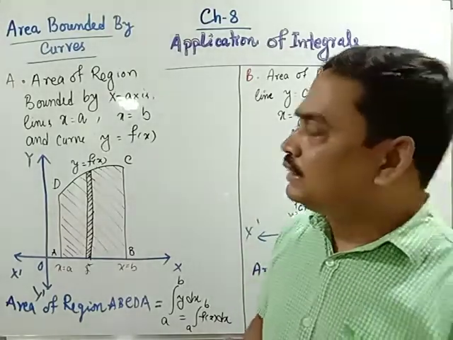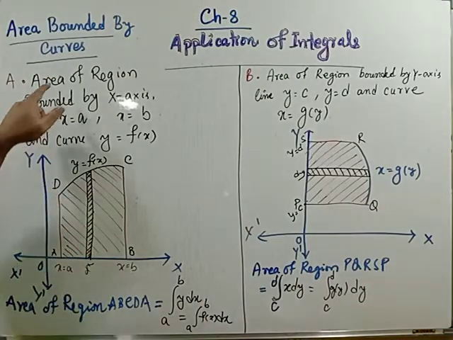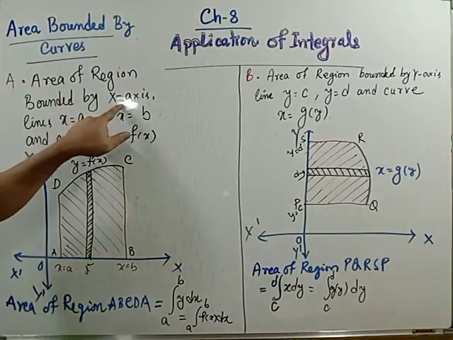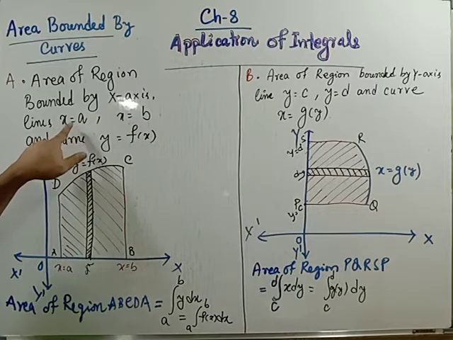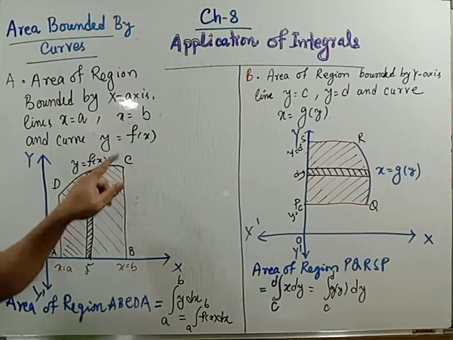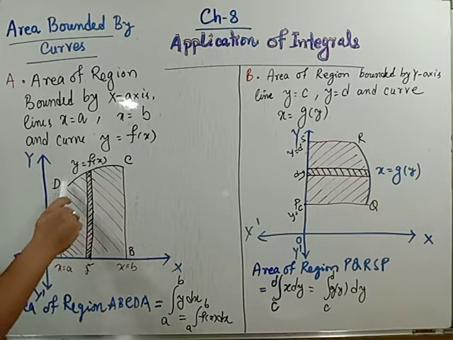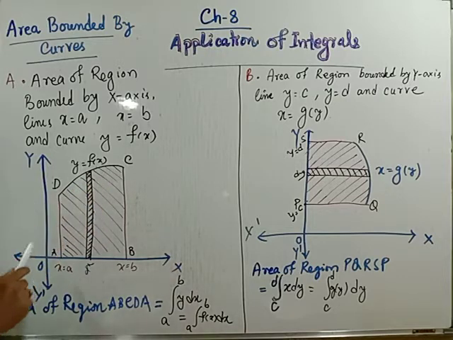So let us study what that is. The first case I am discussing here: area of the region bounded by the x-axis, lines x equals a, x equals b, and the curve y equals f of x. Here this is the coordinate system, and here the curve y equals f of x is given. This is the line x equals a, this is x equals b.